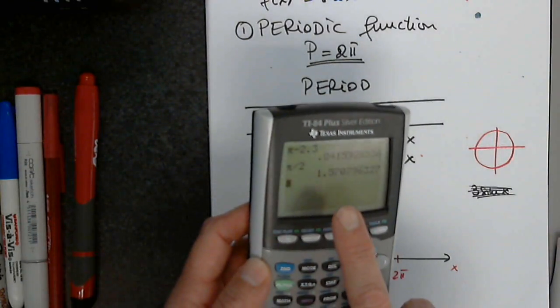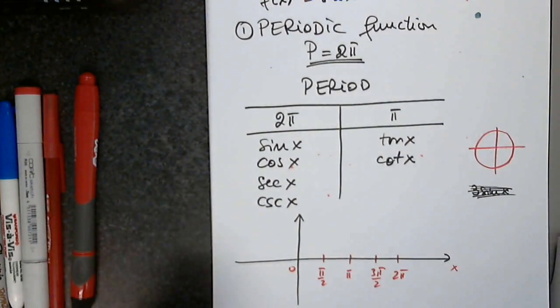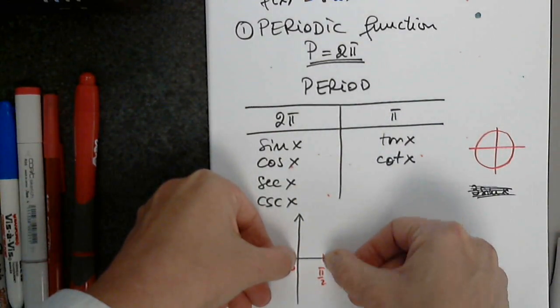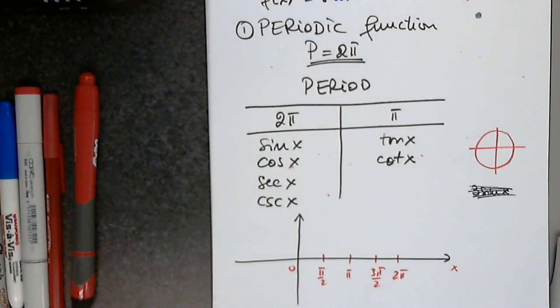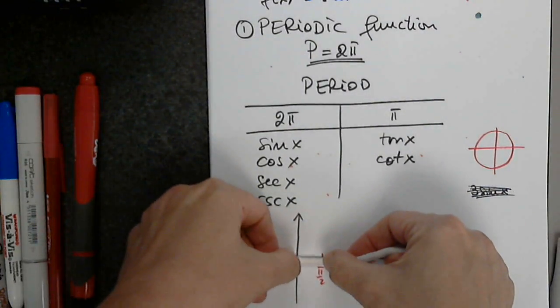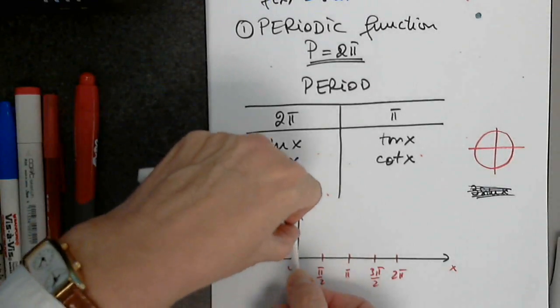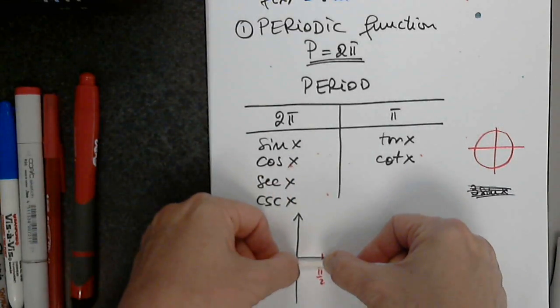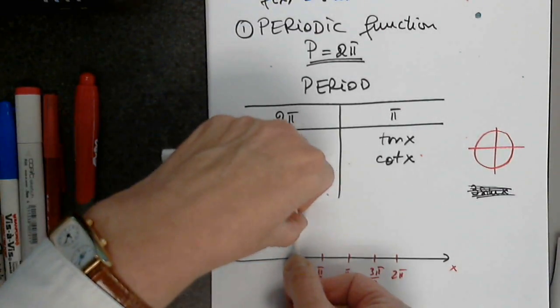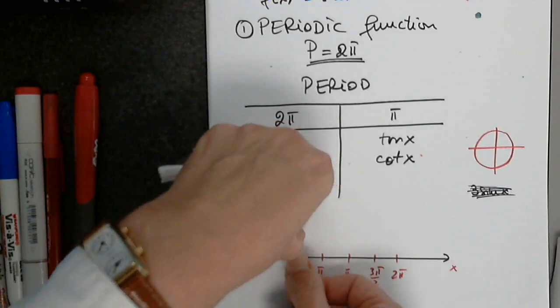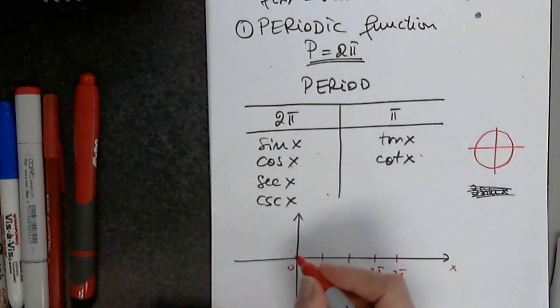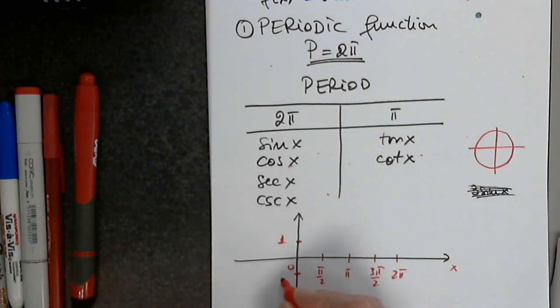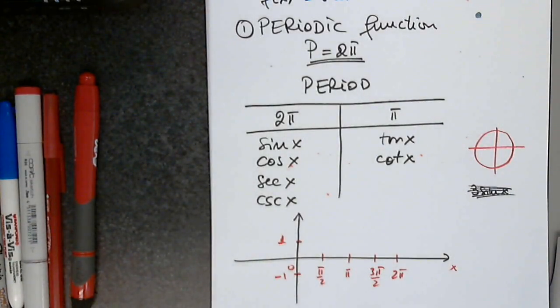So this is about 1.6. So 1 here cannot be at 1.6. So if this is basically 1.6, 1 should be about here, right? So this is my 1, and this is my -1, assuming I want to keep the same.